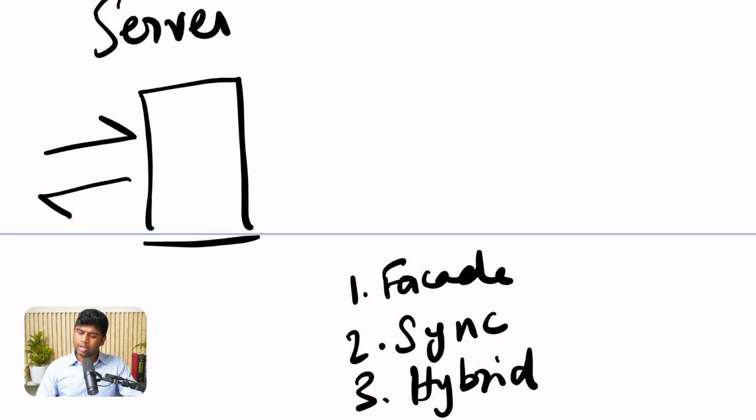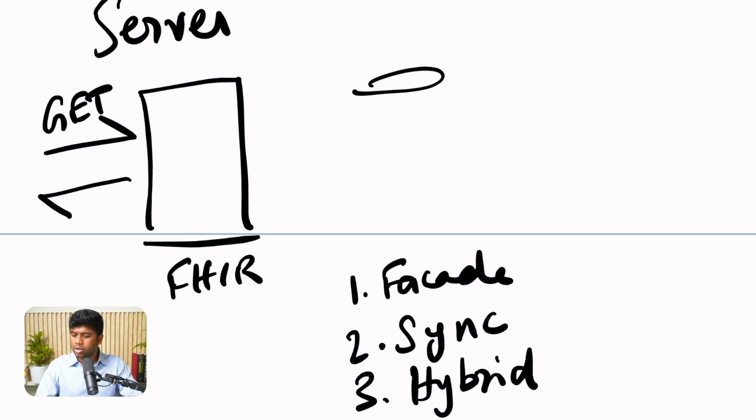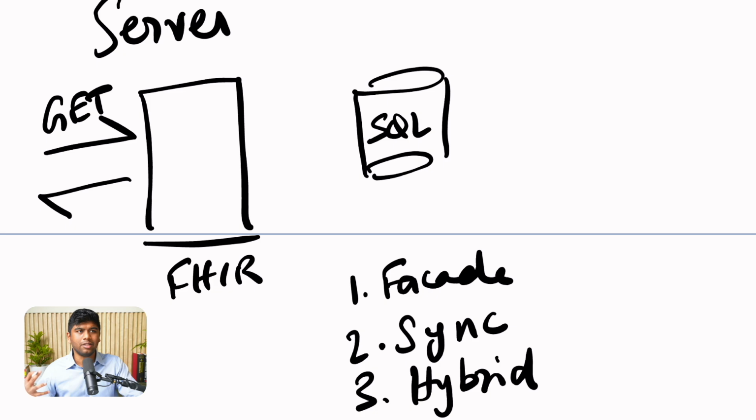So the first is you're getting an HTTP request. Let's say someone is making a GET call for a particular patient. What you do is you actually don't have any data here in the FHIR layer. You have this in your database. Now this database can be, let's say, a SQL database, it can be a NoSQL database, it's completely up to you.